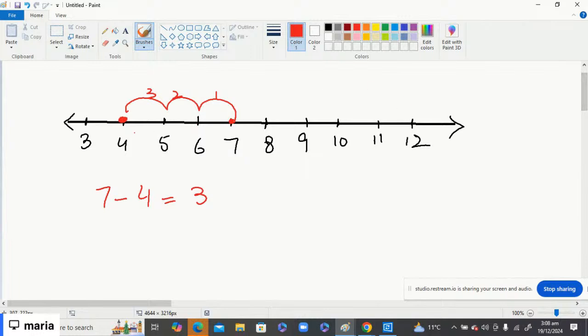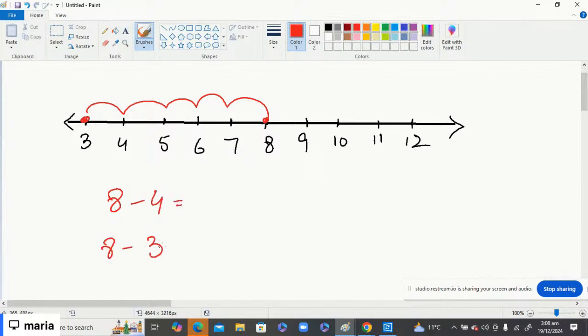For example, in the next question, I am going to start from here, okay, and then just move like here. So what does it show? Which option is right? You guys tell me. 8 minus 4 or 8 minus 3? Which option is right here?